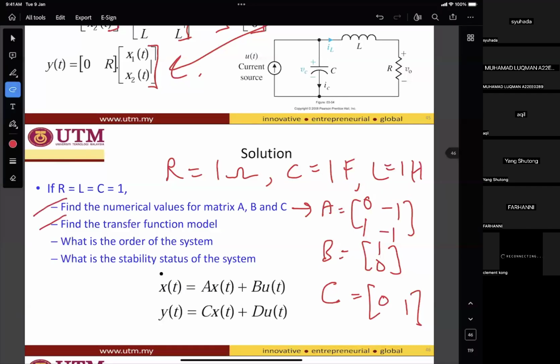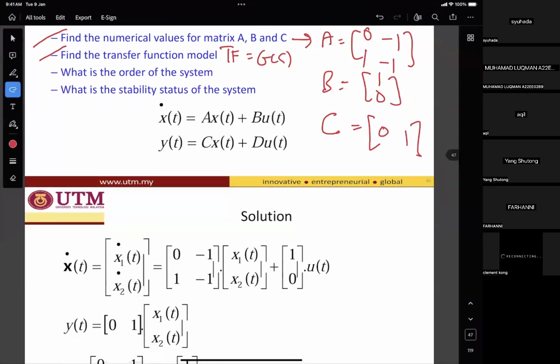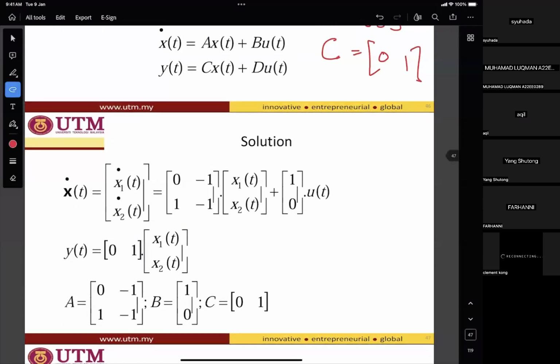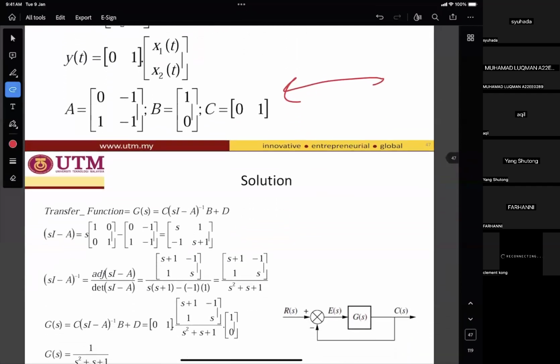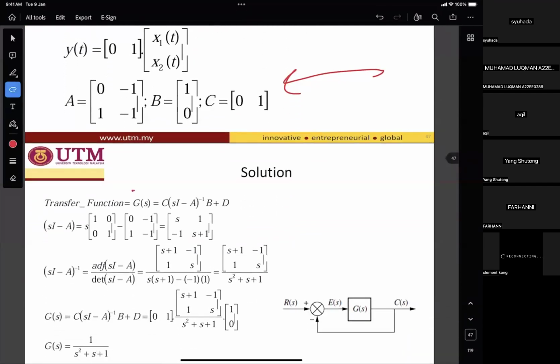Find the transfer function model. So we already replaced the values. We have to use the formula in order to convert from state space to transfer function.